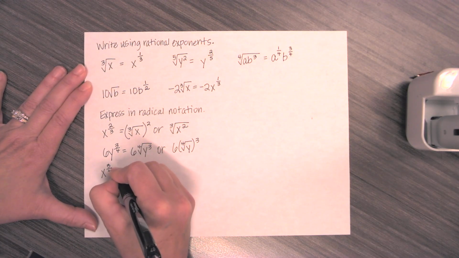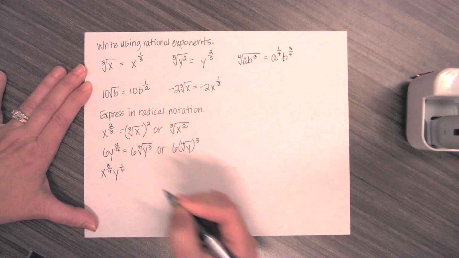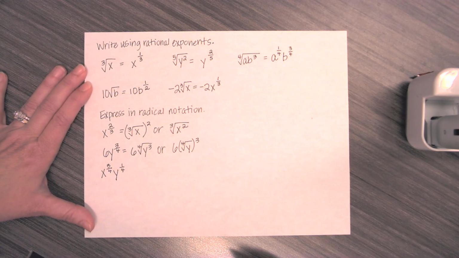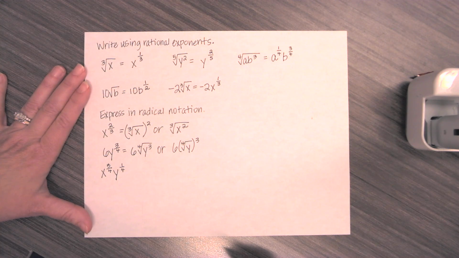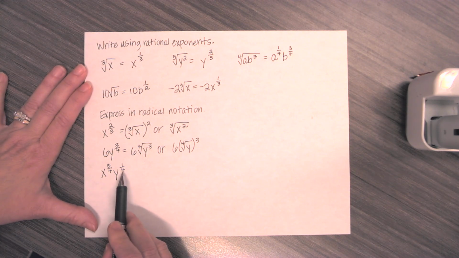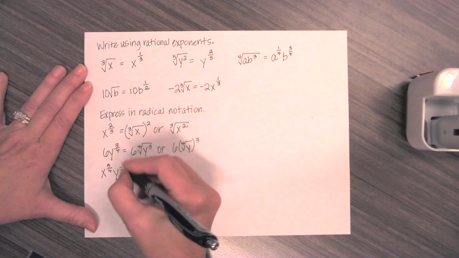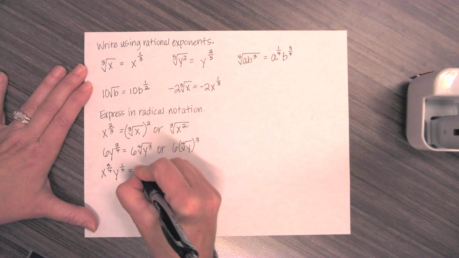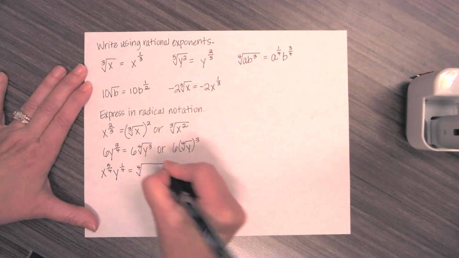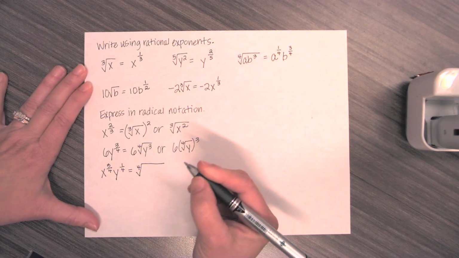x to the 3/4, y to the 1/4. All right, now we've got both things with fractional exponents, so they both have to be converted. You can see they both have a 4 on the bottom, so that's going to be a 4th root. So if you want to do them together, you can and put them under one big 4th root.